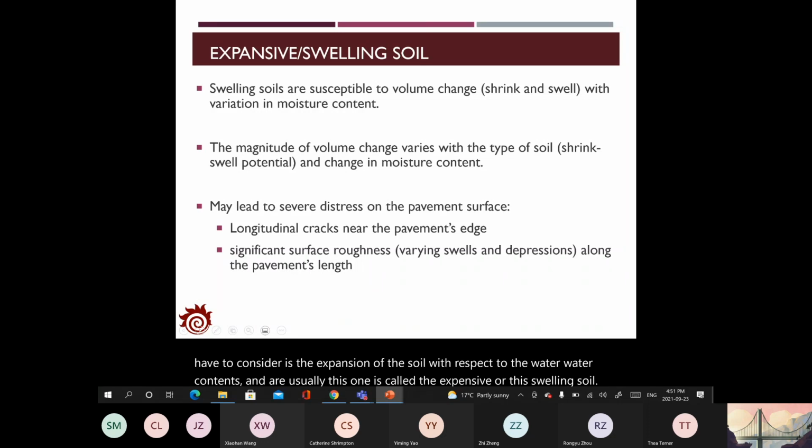This type of soil is very sensitive to moisture or water content, and if the moisture content increases, the change in volume would be very high. Usually, with higher water content they have larger volumes, and with smaller moisture content the volume will be smaller. So they have a shrinking effect.